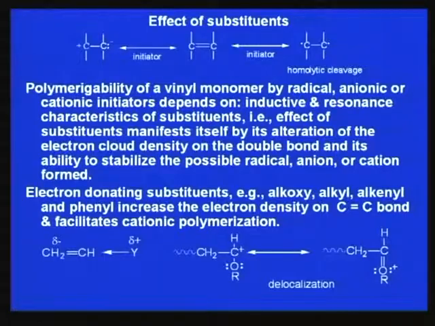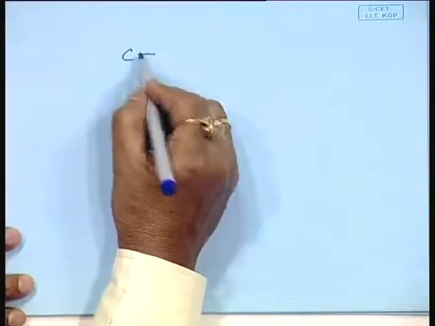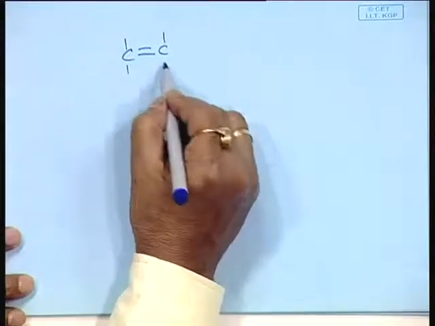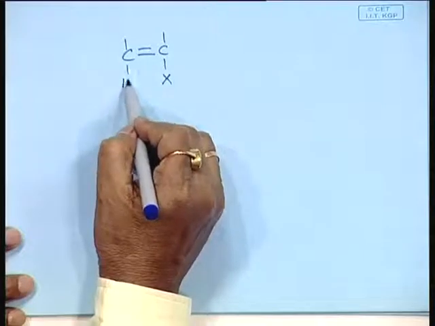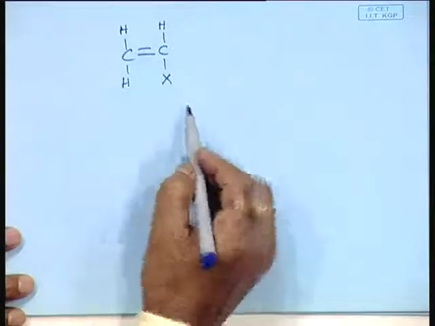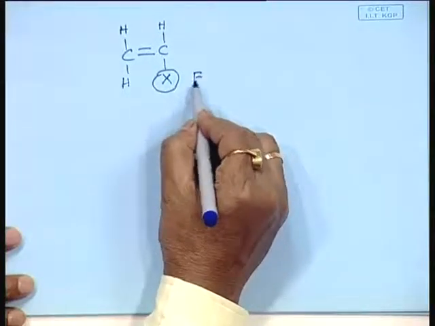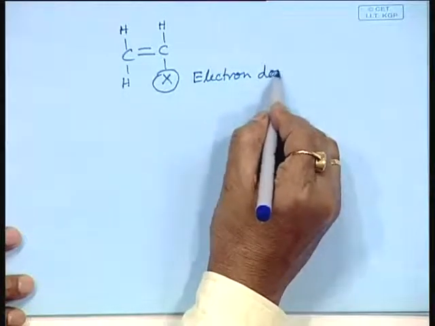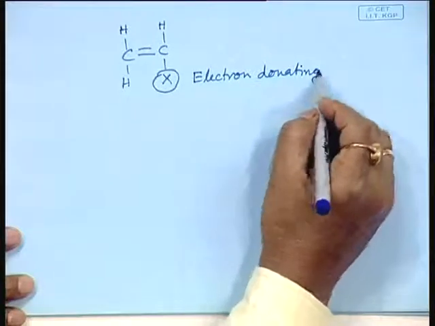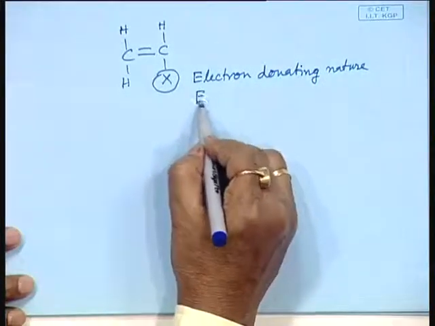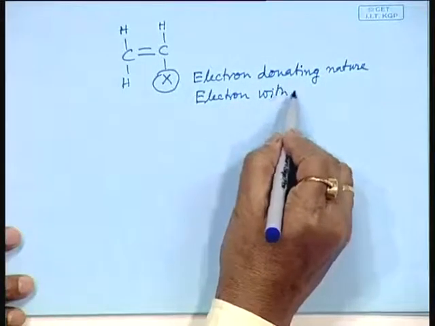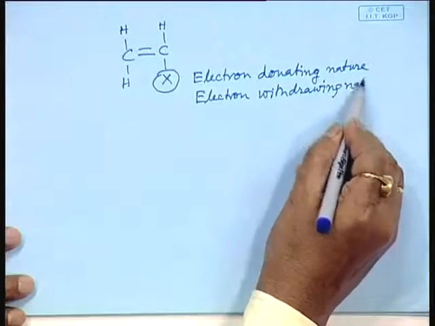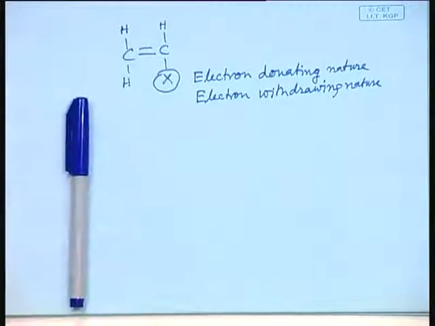I mean to say that this group may be of either type, and that makes the monomer its polymerizability.